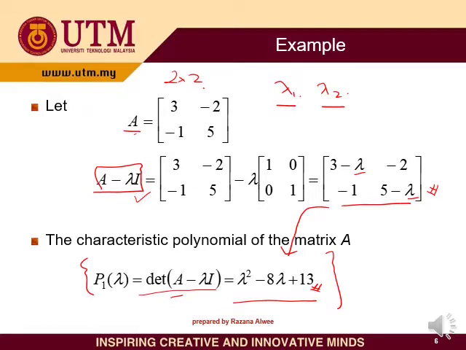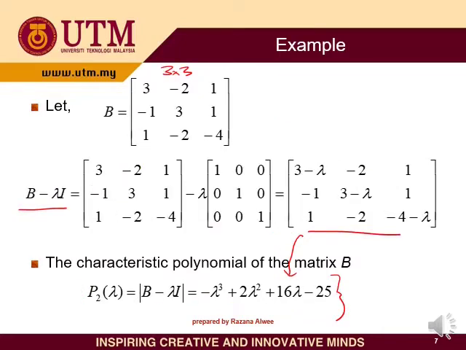So you will get lambda squared minus 8 lambda plus 13. Using the direct method, you can solve it by solving this polynomial. As you can see, for 2 by 2 it is quite easy to solve. But if you have a 3 by 3, 4 by 4 matrix, it becomes much harder. So instead, we will use a numerical method to find the eigenvalues instead of directly solving it.